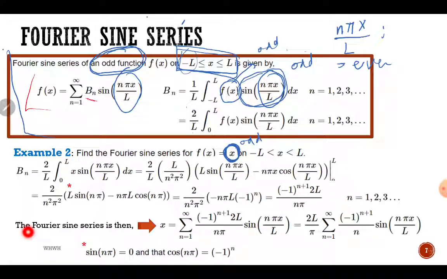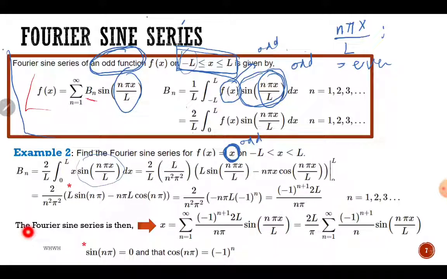So since it is an odd function and multiplied with the sine function, the sine function is an odd function as well. So odd times odd will become even. So that's why to find Bn, we simplify it to 2 over L integration from 0 to L of x times sin n pi x over L.